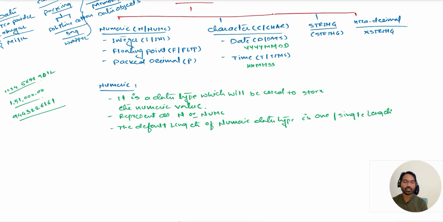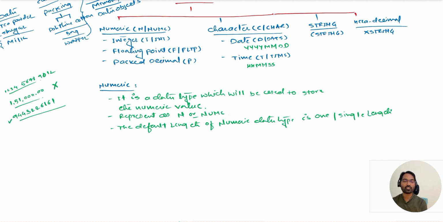Now among these, which number will be considered as a numeric type? Definitely not the amount. Why? It has been separated by comma. The amount will always be separated by comma. Suppose you are storing the amount with the numeric data type, then it will never be separated by comma.